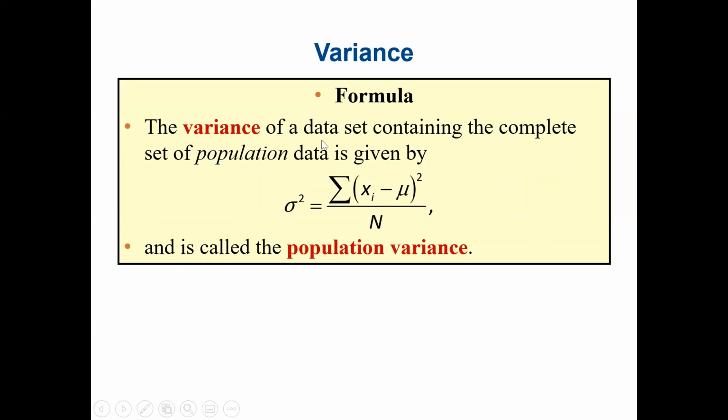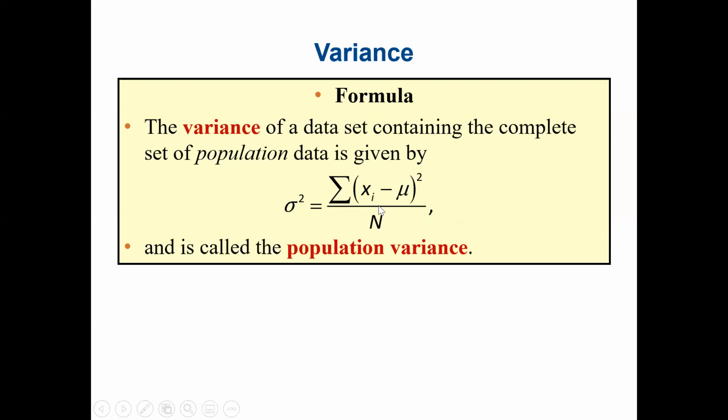Here we see a variance of a data set containing the complete set of population data is given by the following. So this time, instead of the mean absolute deviation, where we find the difference of each value and make it absolute before the sum, with variance, to get rid of the negative values, we square.